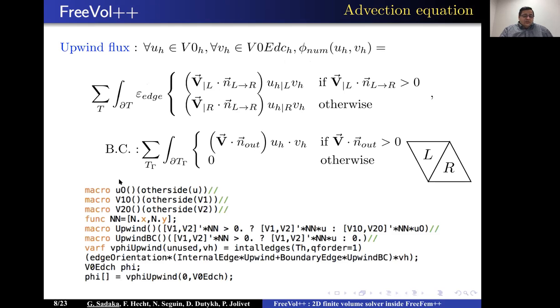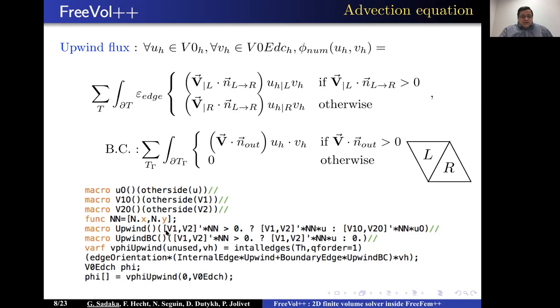So here, for the other triangle, the R, we put the other side. For VR, we put the other side V. And for the normal vector, we put NN, NX, N dot X, N dot Y.